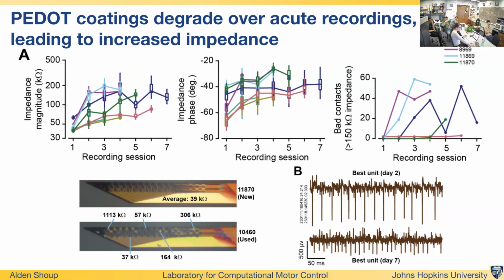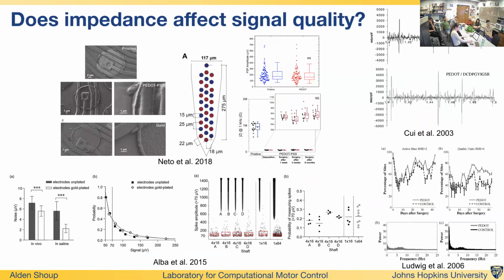And we asked other labs, and it's pretty well understood from other labs that probes like these do degrade over time, or that you have to buy new probes over time. But looking at the literature, it wasn't terribly obvious if impedance directly affects signal quality. There have been quite a few studies.